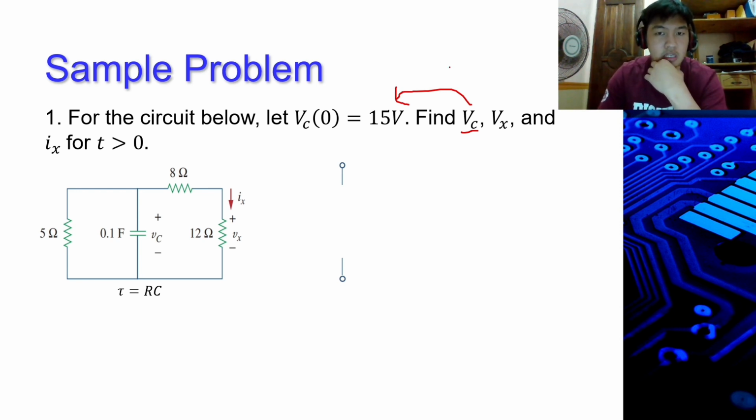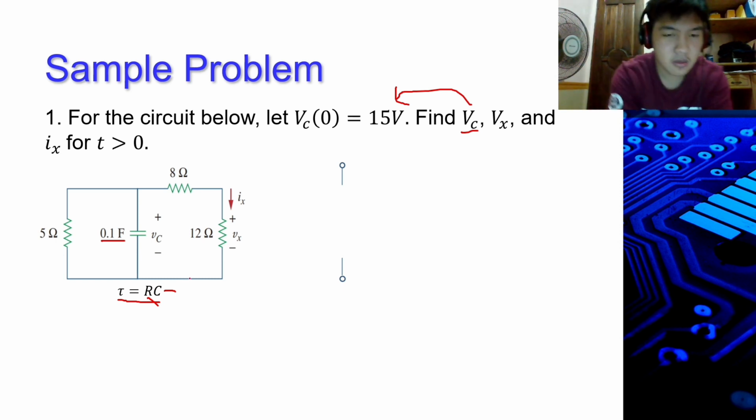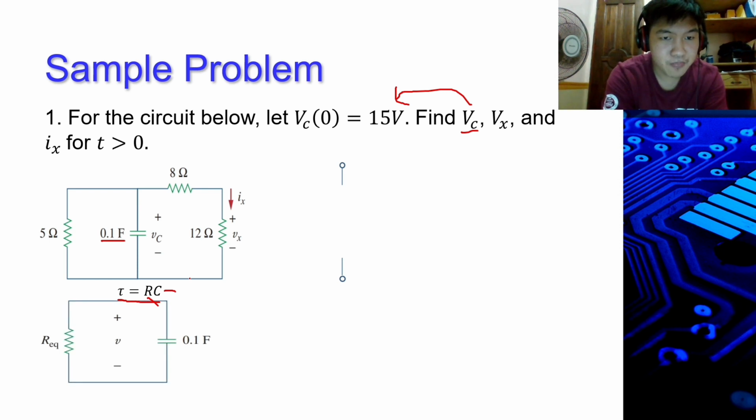So our next step is to find tau, or the time constant, which is equal to RC. Since the capacitance is this one, 0.1 farad, next we find the equivalent resistance of the circuit. When finding the equivalent resistance, the capacitor is treated as open, so we need to redraw the form of the circuit.